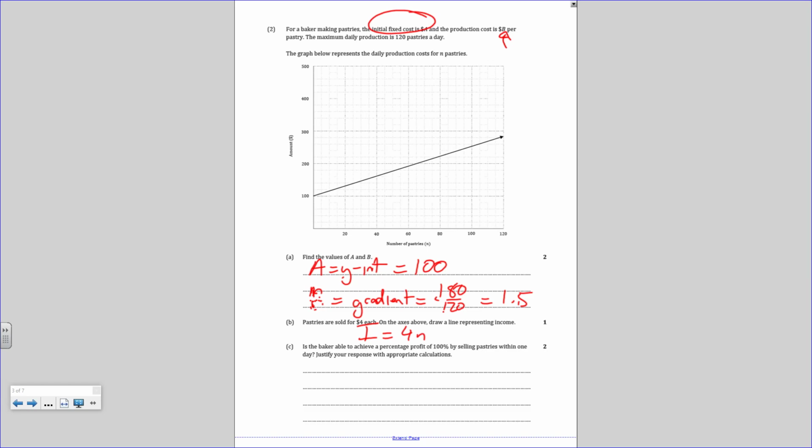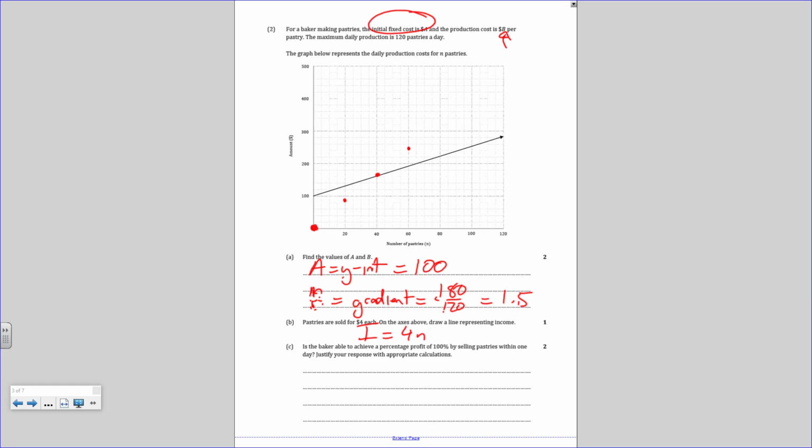So we're going to be starting at the origin, and then we just need to do some tables. We can do a table of values, or just plot some points. So if I make n equal 20, that'll be 4 times 20, so that'll be 80. If I make n equal 40, it'll be 160. If I make n equal 60, this will be 240, which is about there.